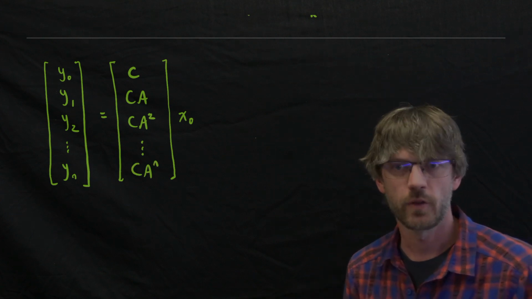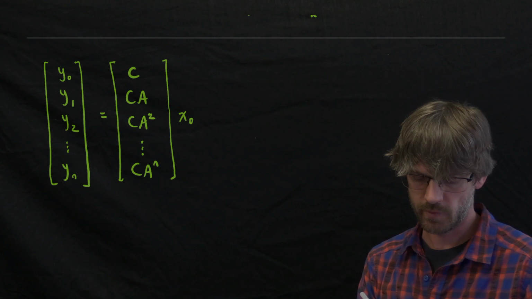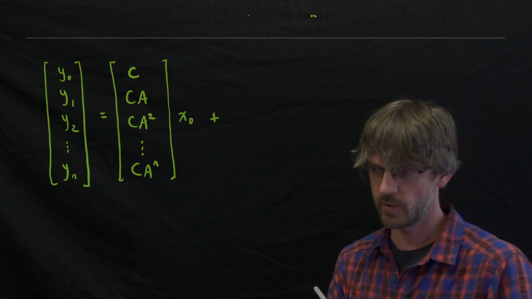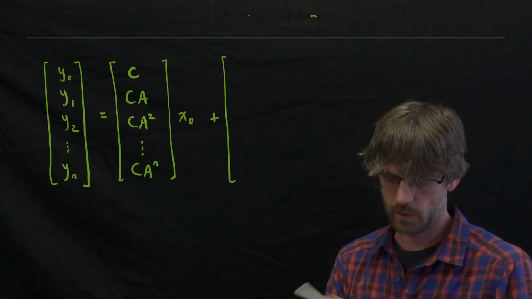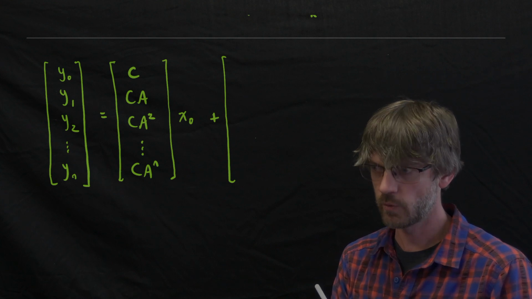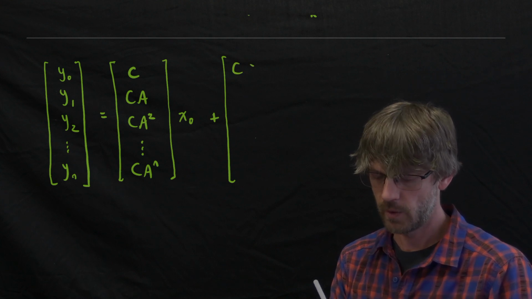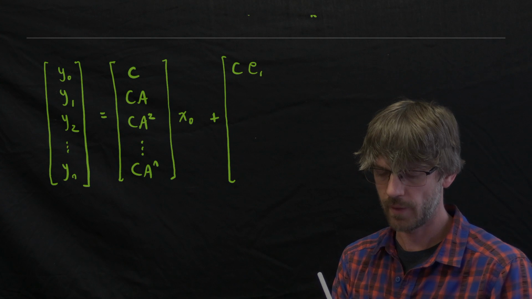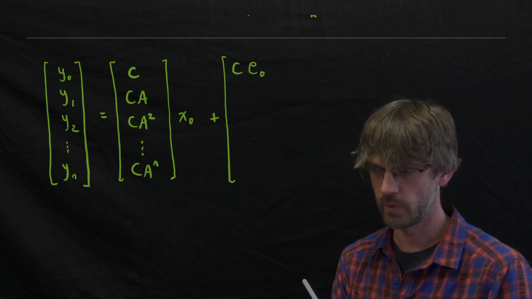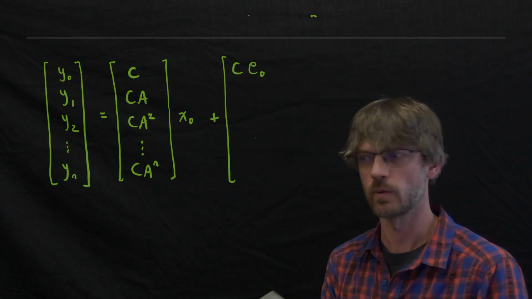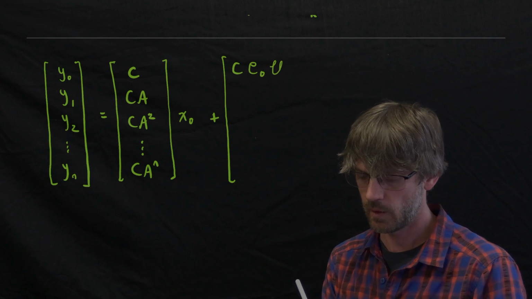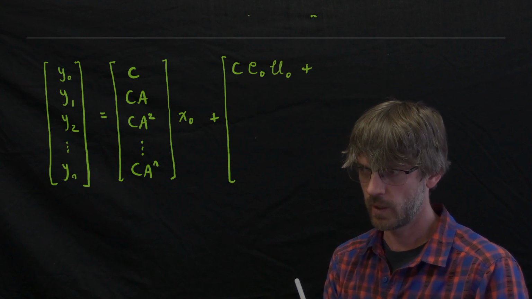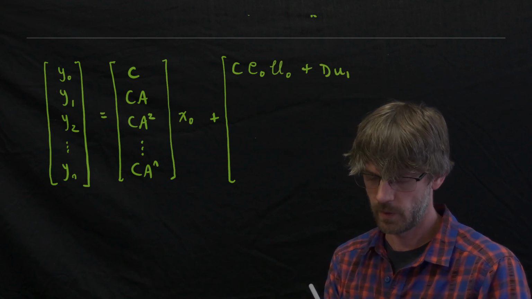Then we did have a bunch of other terms related to the control inputs. So we have here plus another large matrix, and each of these rows I'll write out as c times the controllability matrix at that particular measurement. So in this case, controllability matrix 0, which is going to be 0, and U0, plus D U1.